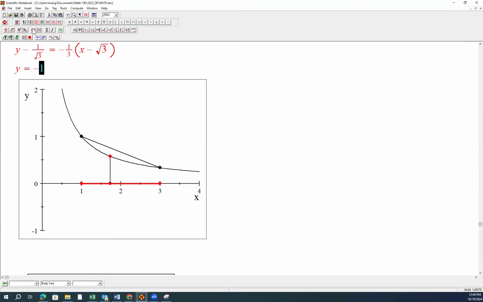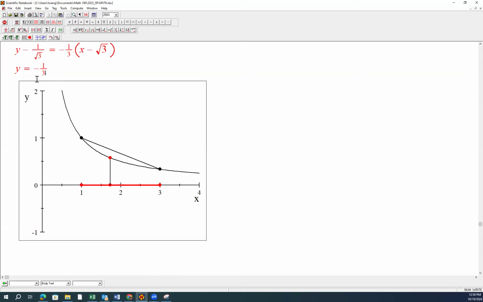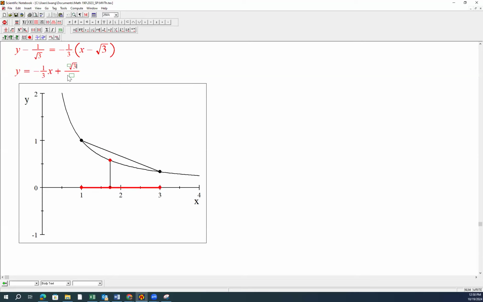To simplify that line equation: negative 1/3 of x and negative 1/3 times negative root 3. That's going to be plus root 3 over 3, right?